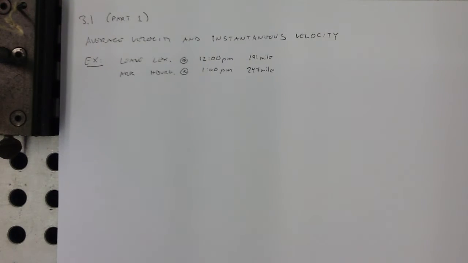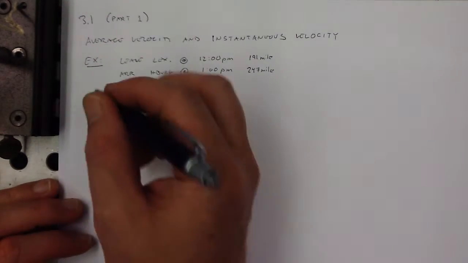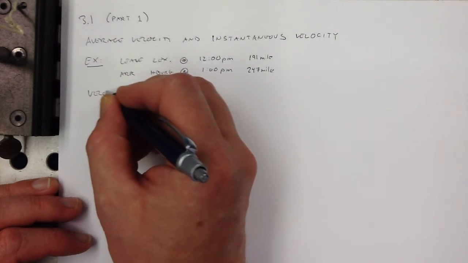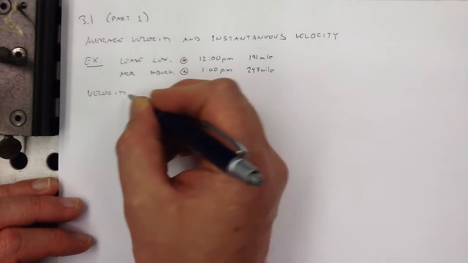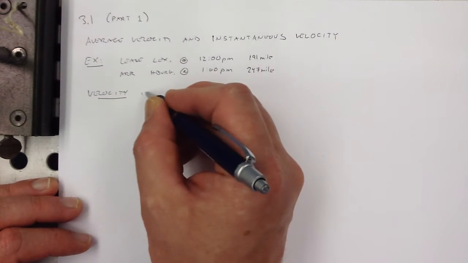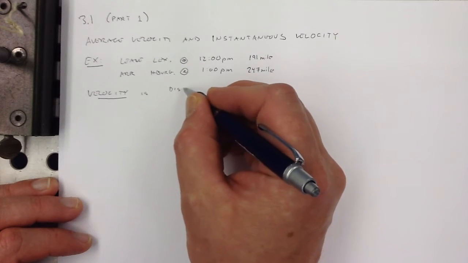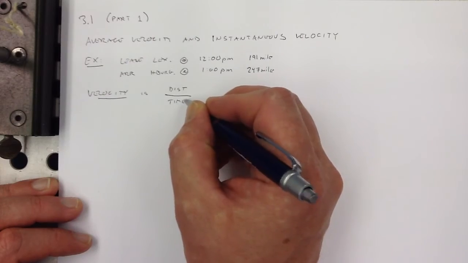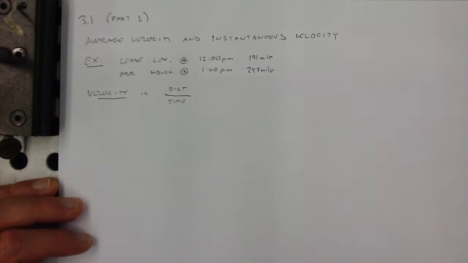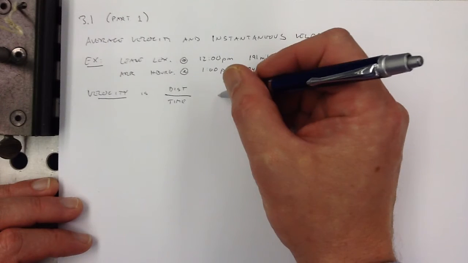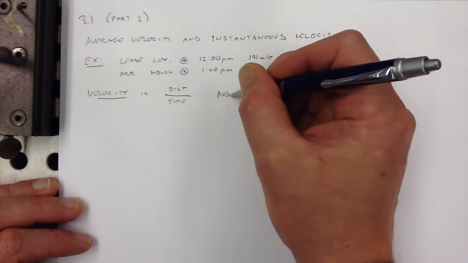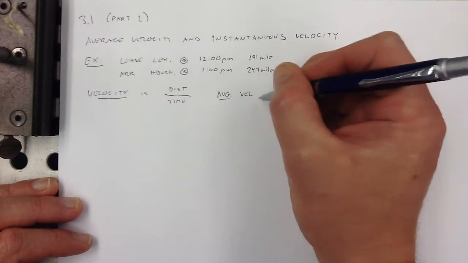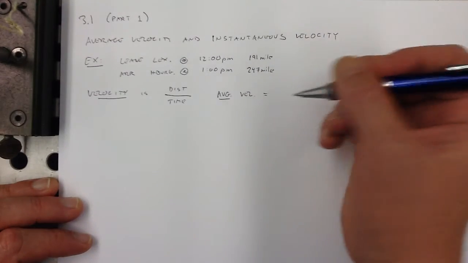So what can we say about this situation? Well, we can talk about what your average velocity is. The definition of velocity is some distance traveled divided by the amount of time that it took, right? And if you want to know average velocity, then the definition of that is exactly this.